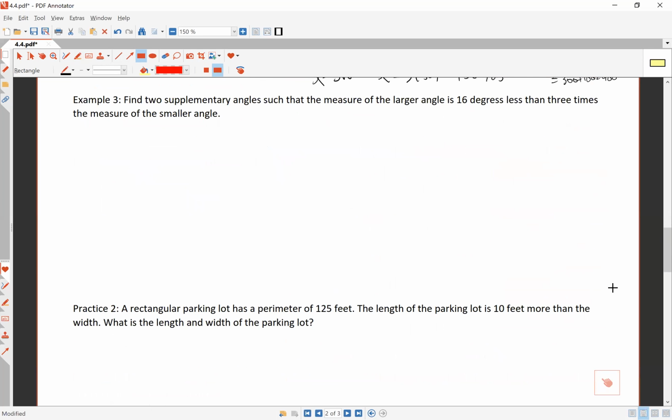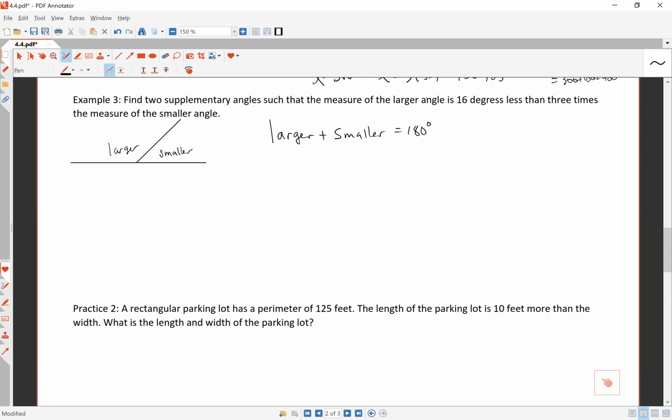Example 3. Supplementary angles is the concept of this problem, and supplementary angles are two angles that add up to 180. So we have the smaller angle and the larger angle. We know that the larger plus the smaller must be 180 degrees.